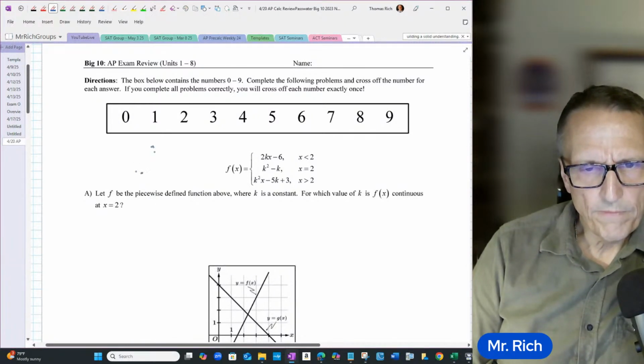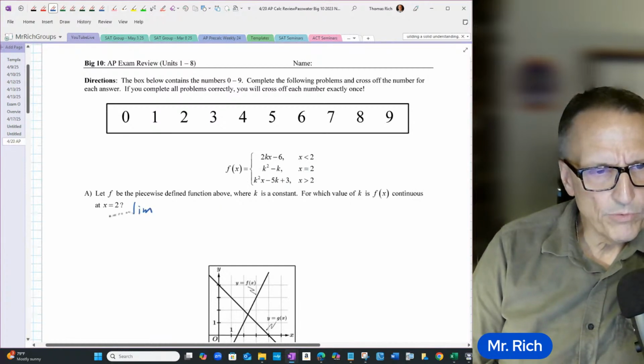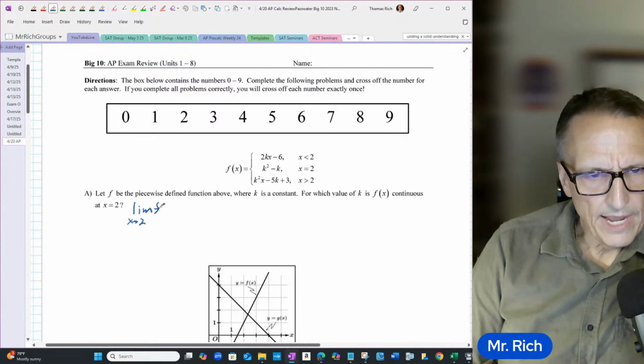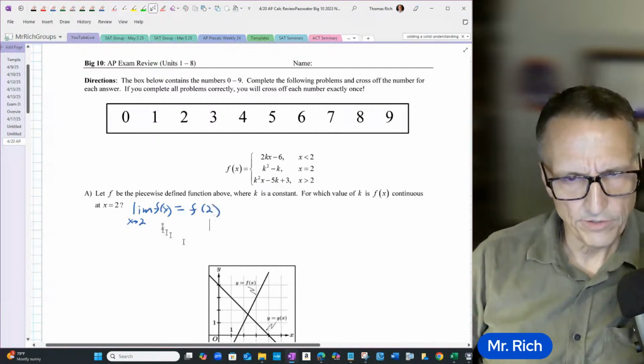Because in order for the function to be continuous, we know that the limit as we approach 2 has to exist, and it has to be equal to the function evaluated at 2.